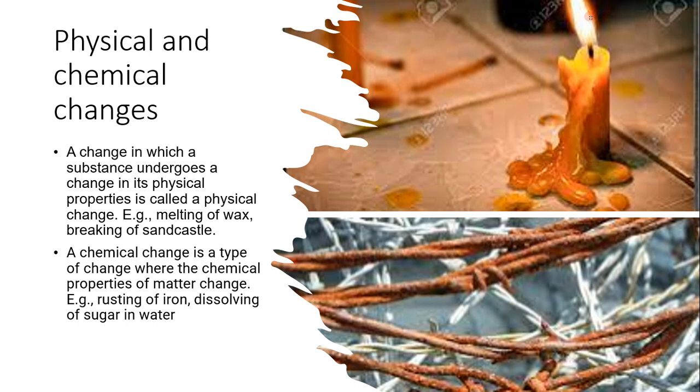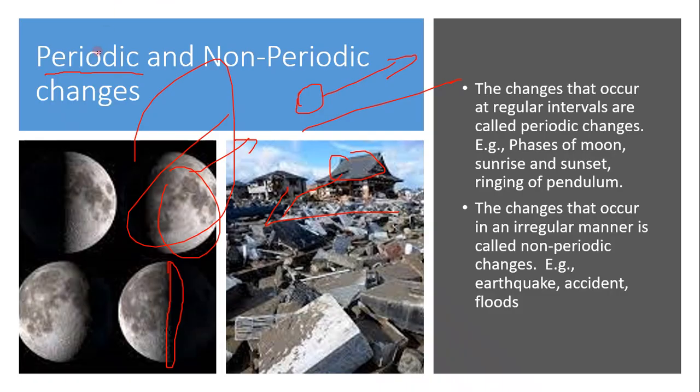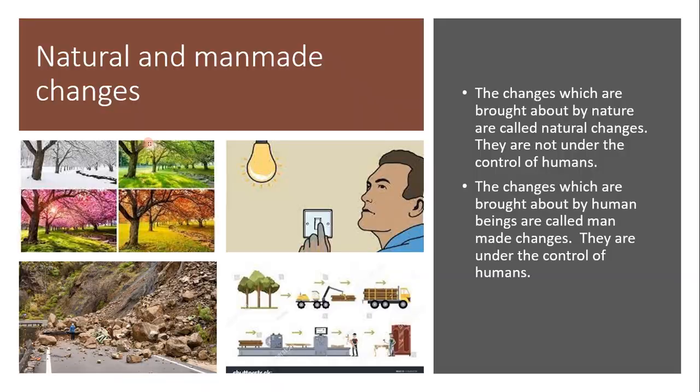After some time, if you take that wax out, the wax is ready as a candle in the shape of the container. Right? That's called a physical change. That is the property of the wax.